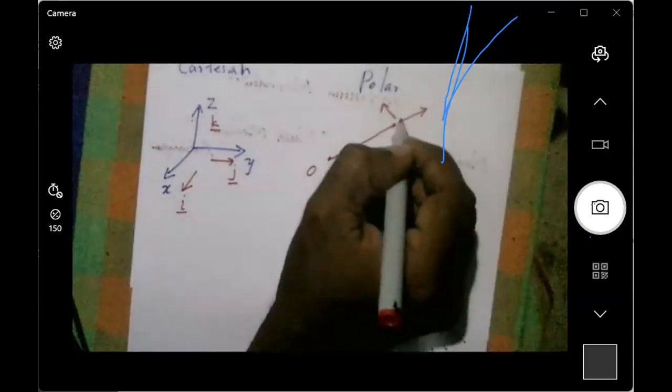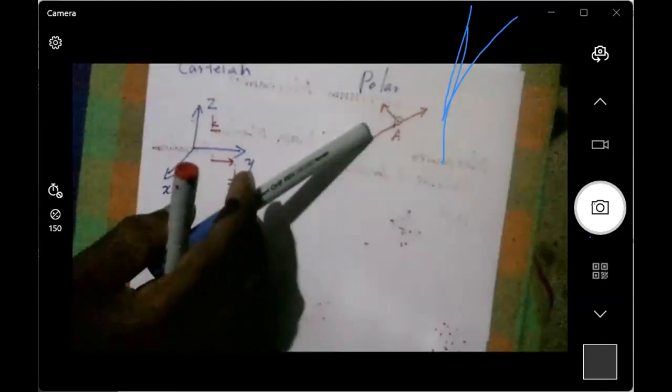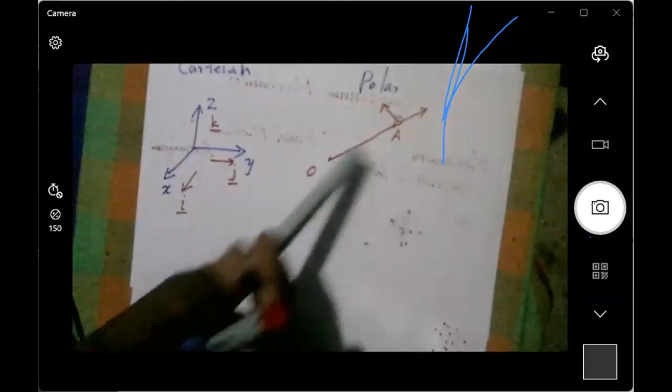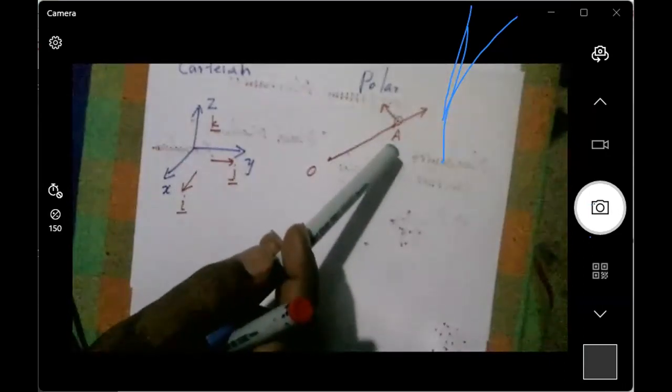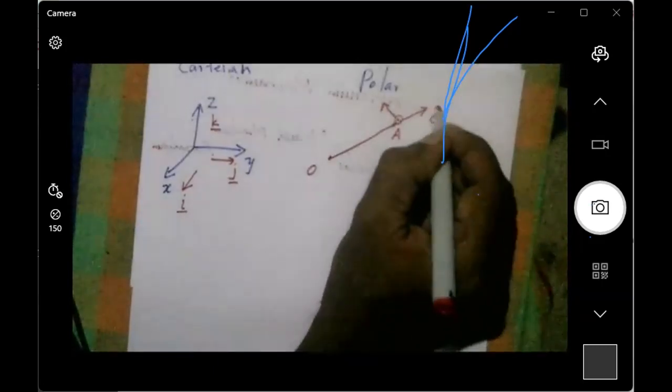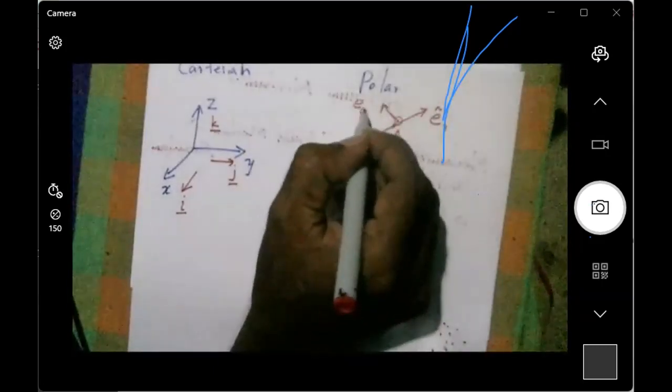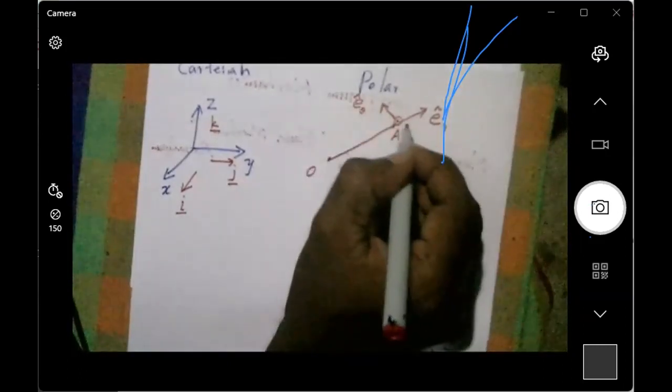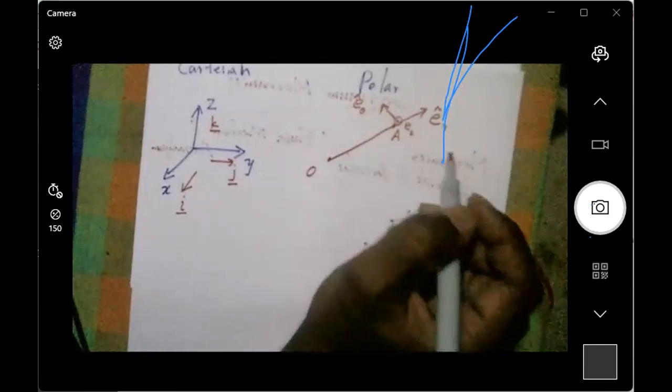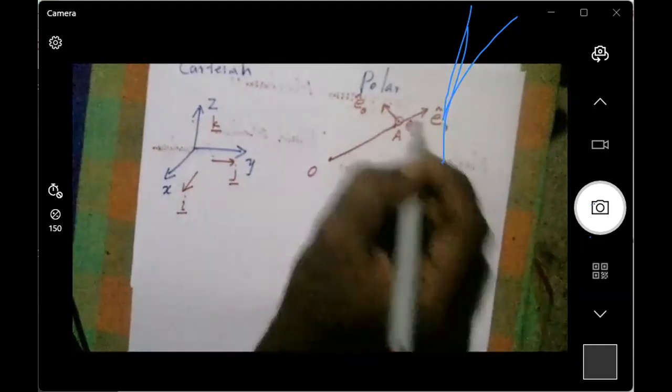If you need the third one, it will be perpendicular to both of these, right? That's also possible. Typically this is called ER, E theta, and this one EZ, or any other depending on your requirement.